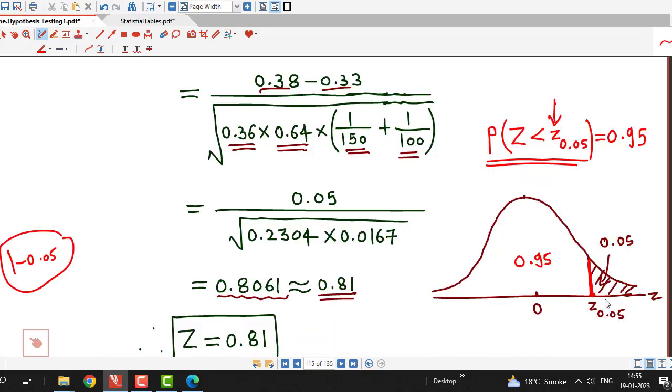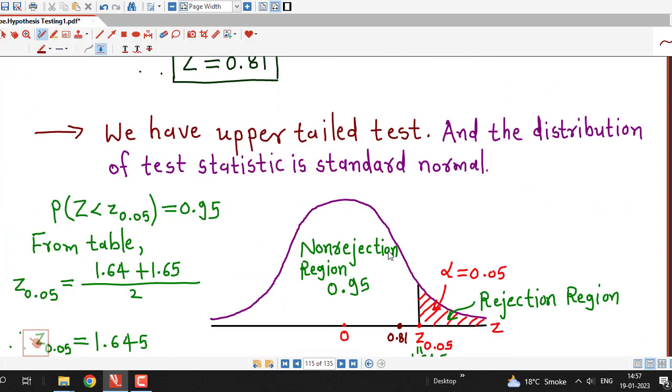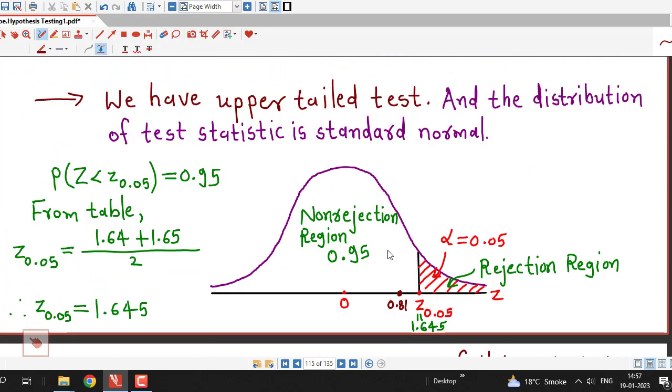This point is nothing but 1.645. Okay, fine. I have sketched that graph here. You can see here that the value of Z critical value is 1.645.